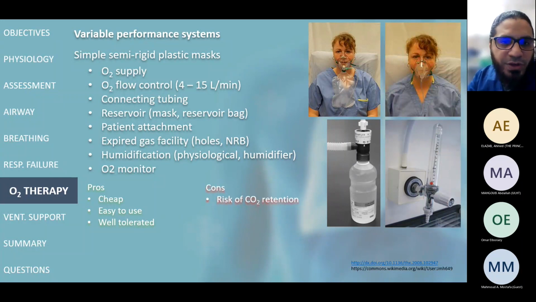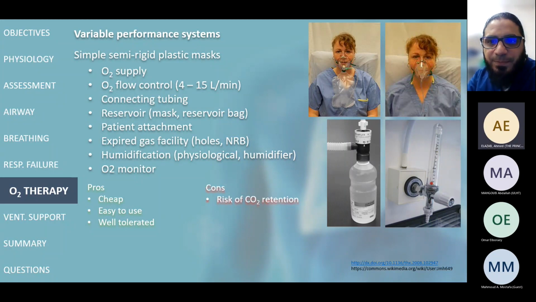The reservoir in this device is different. The mask itself, you can see there is some space between the patient's face and the mask. This can hold some oxygen in it and work as a reservoir, and also you can attach a reservoir bag to it, and it will help as an extra space.